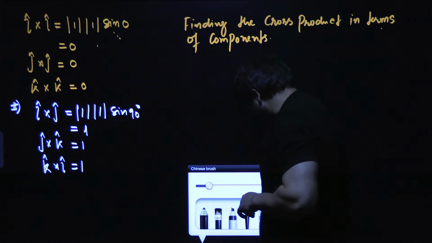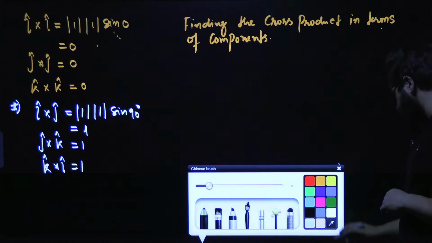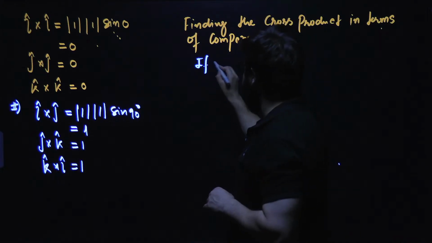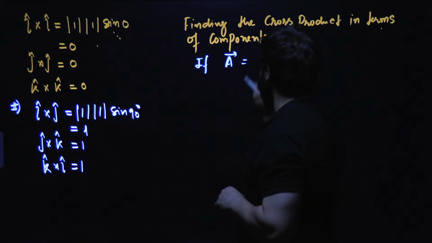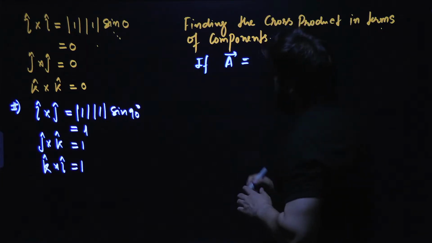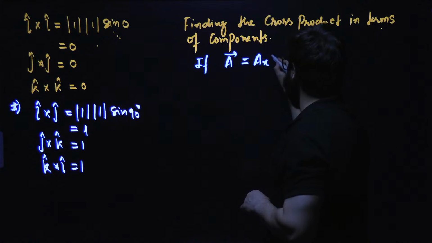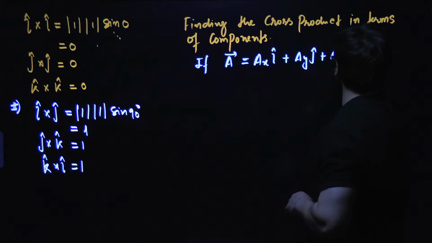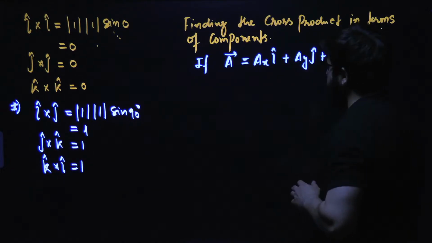See guys, I'll make you understand. Let's suppose the A vector is given as AX into I cap plus AY into J cap plus AZ into K cap.